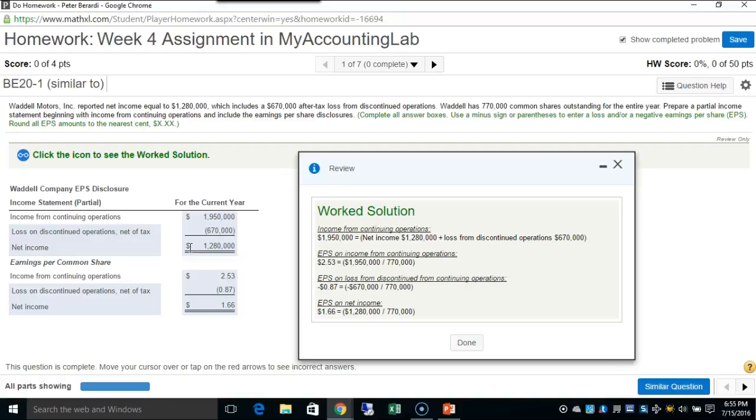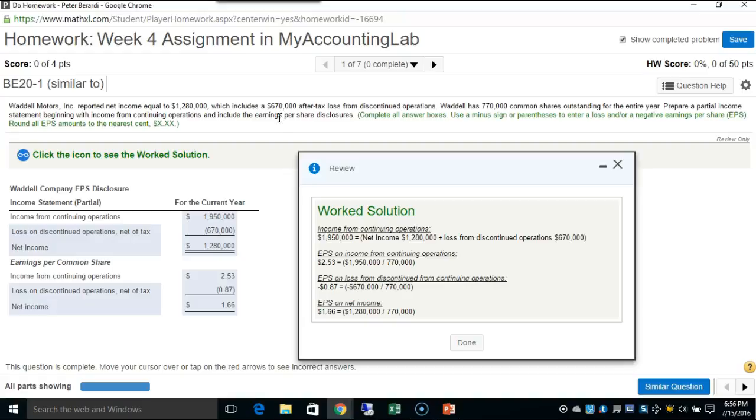Our company reported net income equal to $1,280,000. So that number basically goes right here as your net income. But this $1,280,000 includes $670,000 after-tax loss from discontinued operations, which we learned about in prior class on the chapter on discontinued operations.